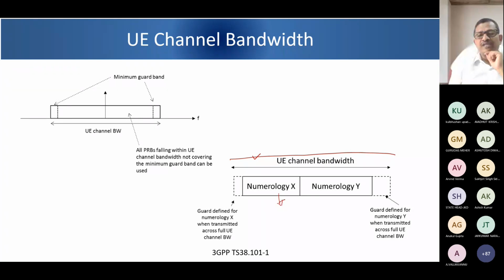Corresponding to that numerology and band, this is the guard band. On the other part of the channel bandwidth, say I am using numerology Y, which is different from X, and here the guard band defined is also different. It is looking slightly bigger in this picture. So it is possible to have asymmetric guard bands depending upon the numerology for the same bandwidth.